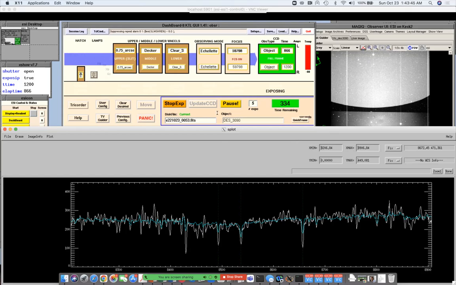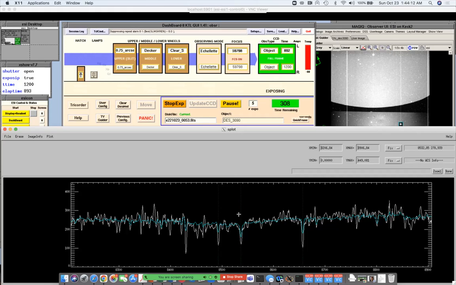So you've got intensity on the y-axis and wavelength in angstroms on the x-axis. These three dips that you see here with the vertical dotted lines are produced by calcium ions in the atmosphere of the star. They absorb light. That's the kind of thing we're trying to measure with ESI tonight. Not calcium only, but other elements as well.